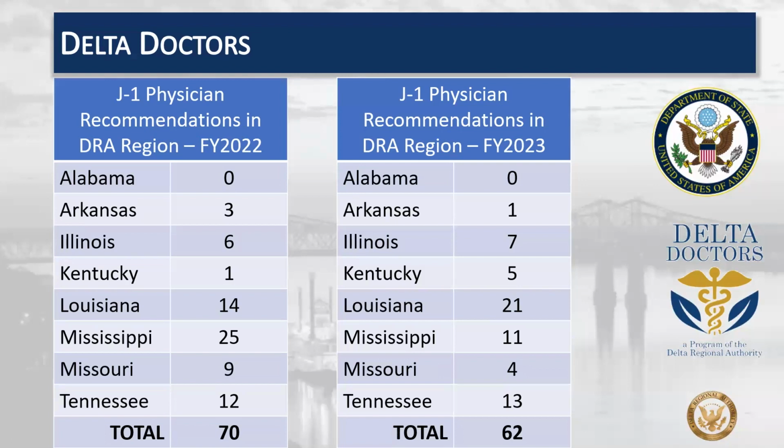For FY 2022, we provided 70 J-1 visa recommendations to, actually, go ahead, Mr. Walker, if you could take over my presentation. I am going to have to step away. I've got a pretty bad issue going on here. I believe you can walk through. Thank you so much. Sure.